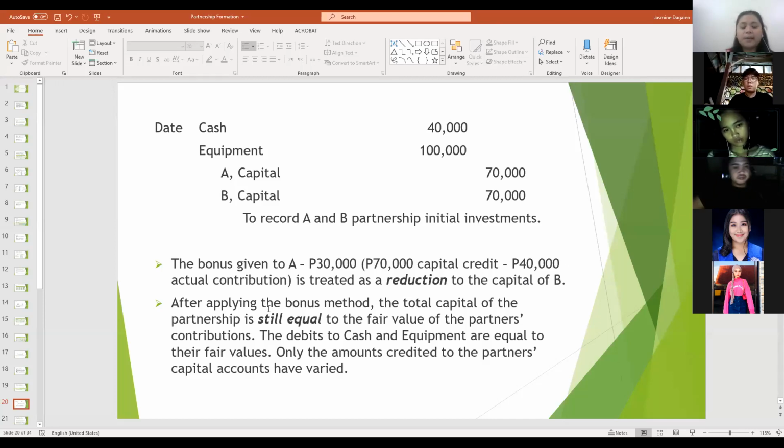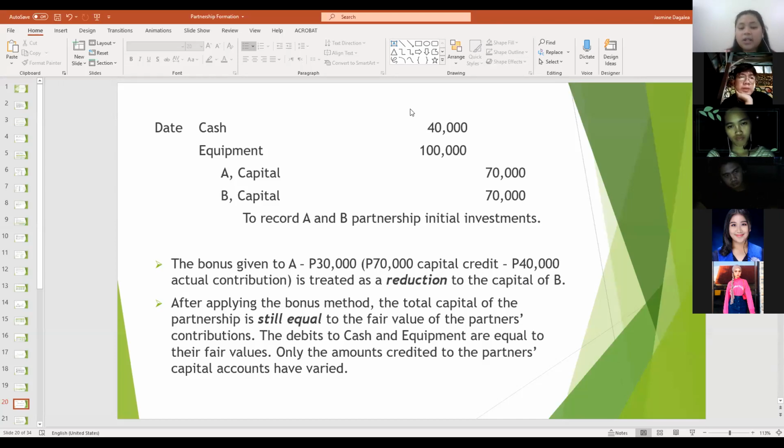Yan. After applying the bonus method, the capital of the partnership is still equal to their fair value of the partners' contributions. The debits to cash and equipment are equal to their fair values. The only the amounts credited to the partners' capital accounts have varied.